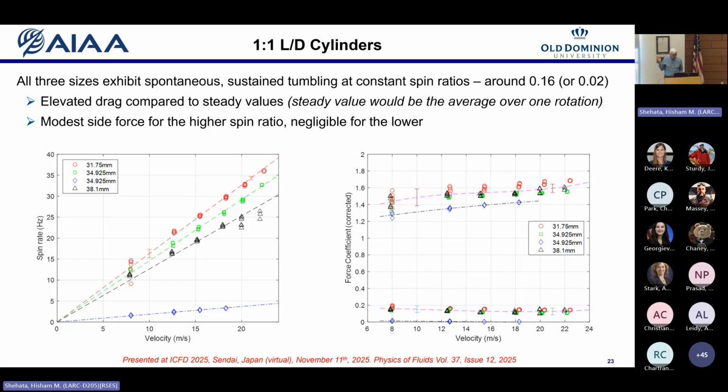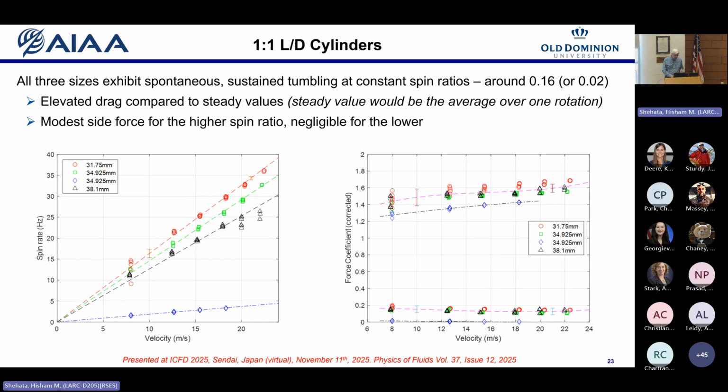You've got side force coefficients and drag coefficients to the right. Drag is roughly what one would expect from a model of this geometry, 1 and a bit. This is a cylinder going end over end. Side force coefficients are a little bit less than 0.2, and the low spin rate value is roughly 0. So there's some substantial difference there as well.